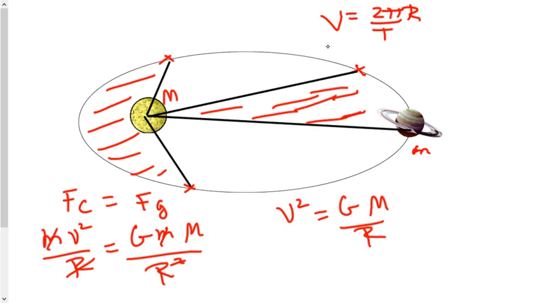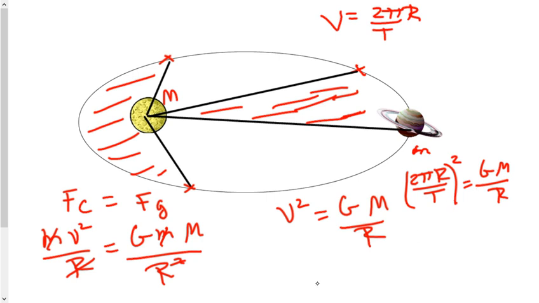I'm going to substitute this expression in where I see v squared. So then I'll have 2 pi r divided by time, squared, equals GM divided by r. I'm going to square and then crisscross to save time.